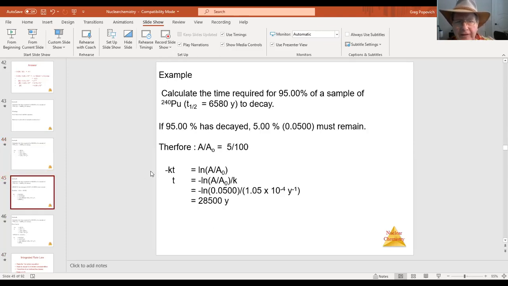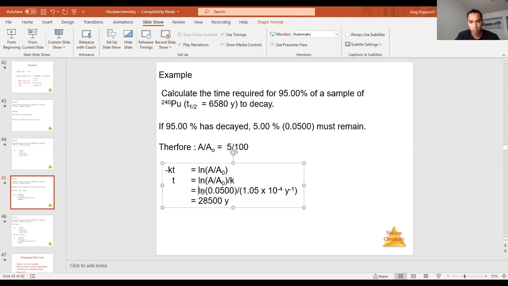Since negative kt is equal to ln of A over A0, I divide both sides by negative kt. The negative sign goes away. So I have the ln of 0.05 over 1.05 times 10 to the minus fourth. This gives me 28,500 years.